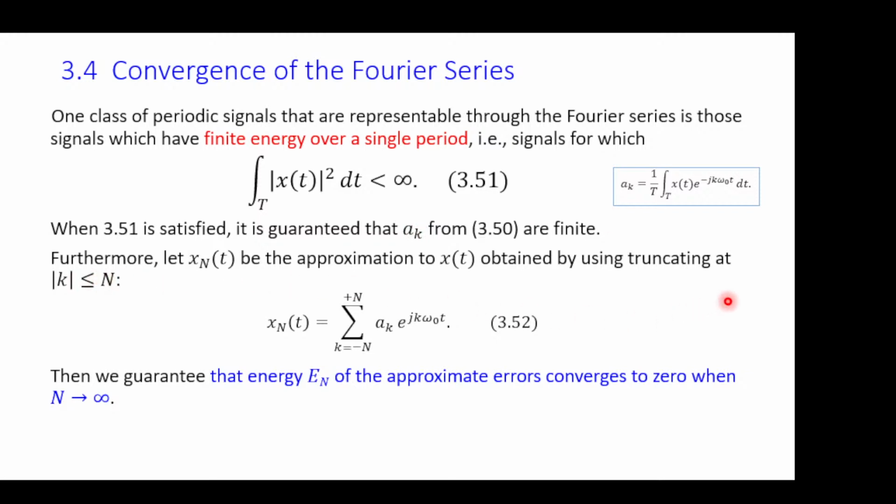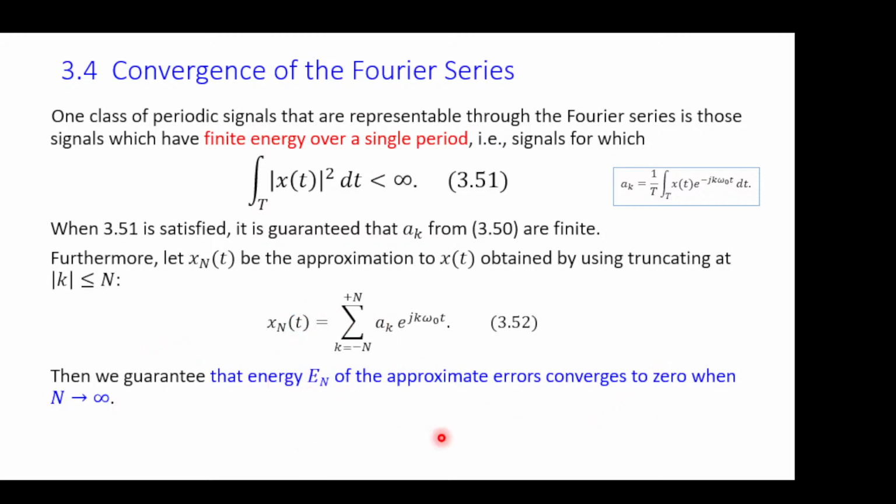Anyway, as we said without proof, if the signal has finite energy, then the energy in the approximation error, so this is E_n. Remember, E_n is the energy of this small e_n, which is the difference between your x and your x_N.